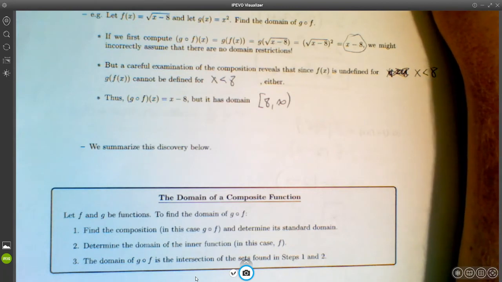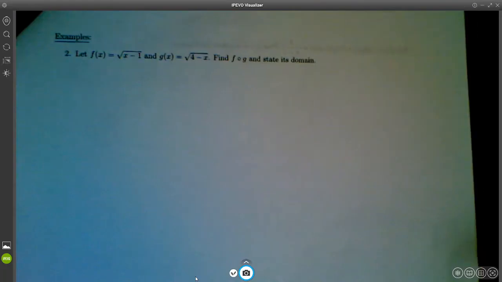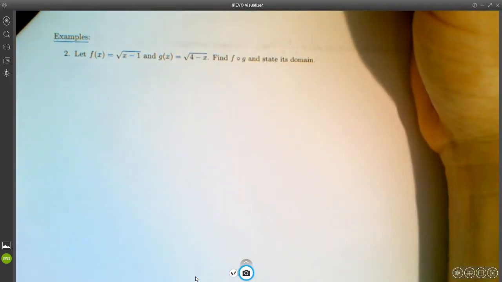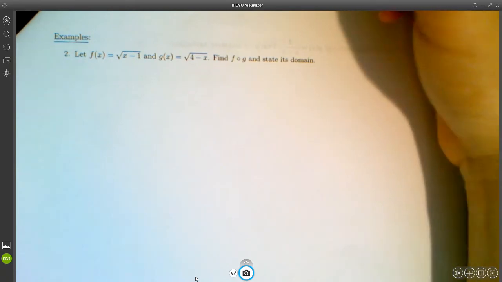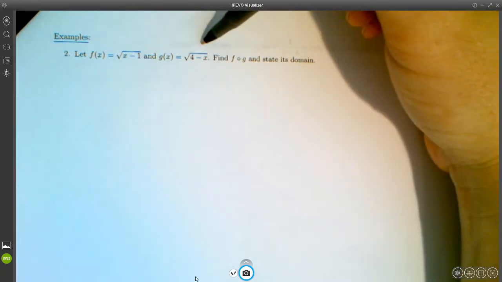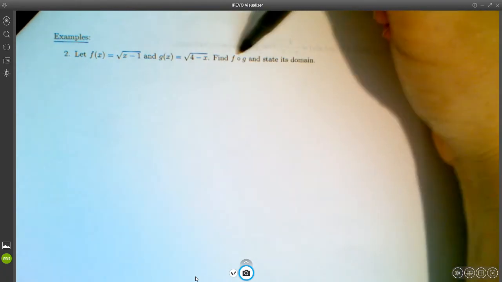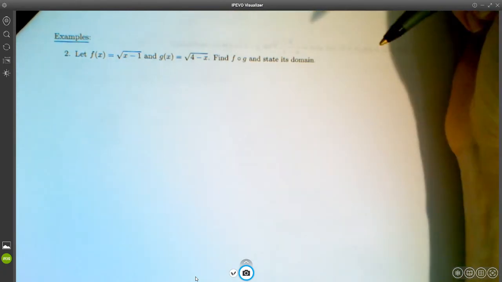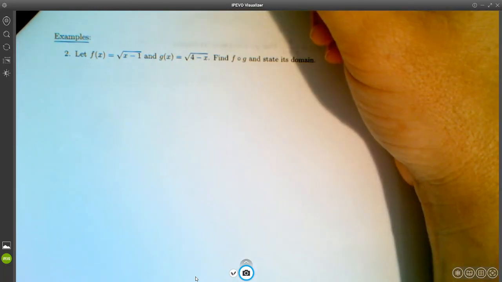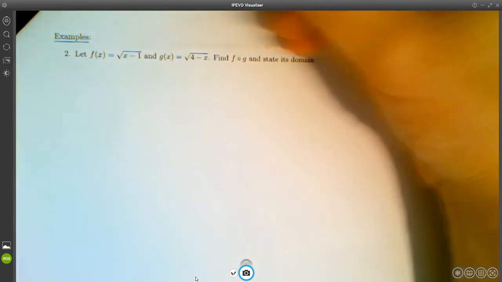So I'm going to walk you through several examples of this to hopefully make it as clear as possible. Let's say that f of x is square root x minus 1 and g of x is square root 4 minus x. Let's find f of g and state its domain. Okay, so step 1, we'll find f of g.